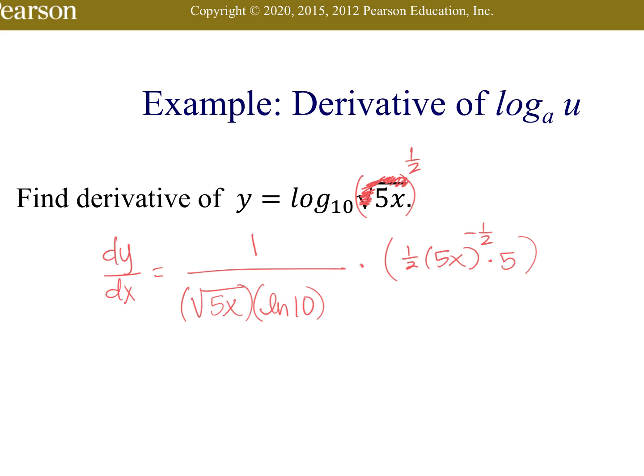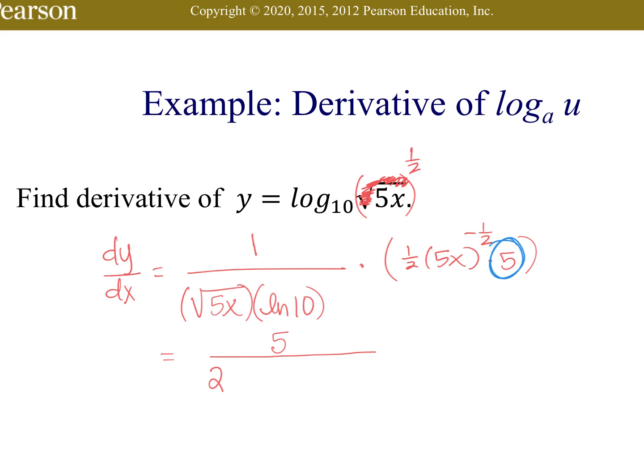So if I'm putting all of this together, the only thing that's in my numerator for starters is the number 5. Okay, that's this chain rule 5 here. My denominator is going to have a 2. Where does that 2 come from? The 1/2.